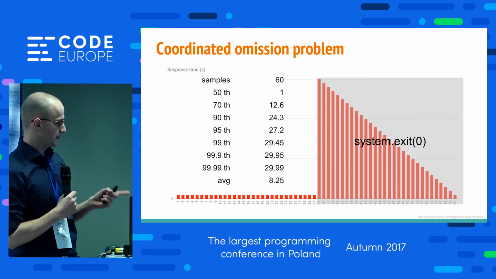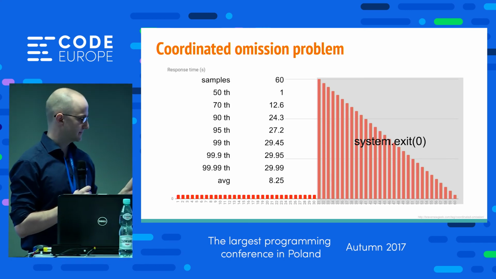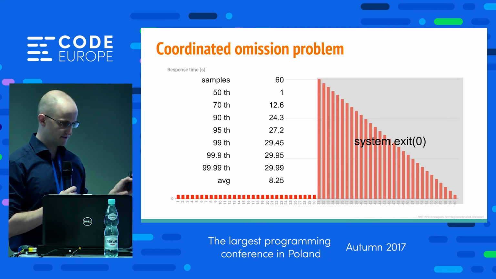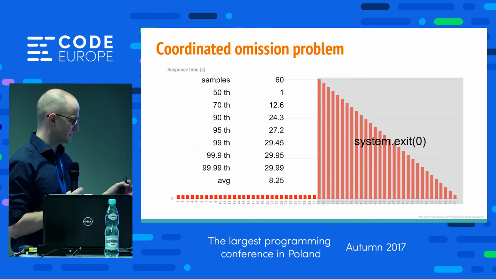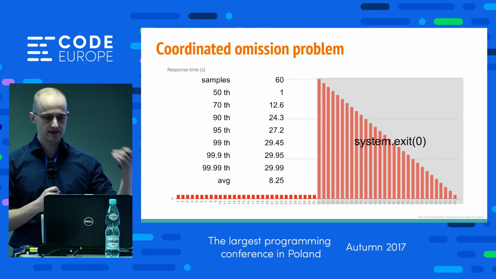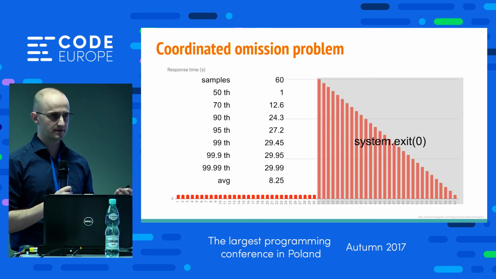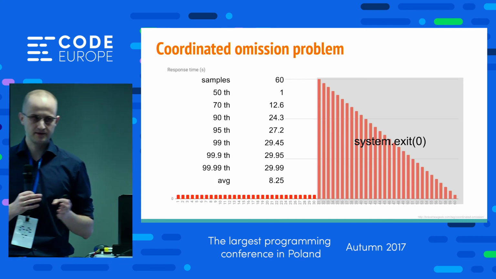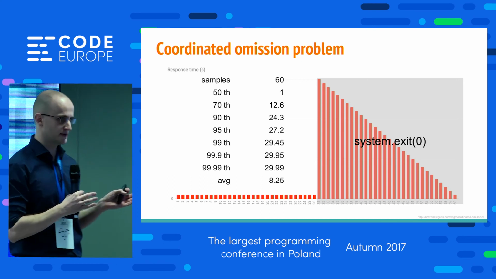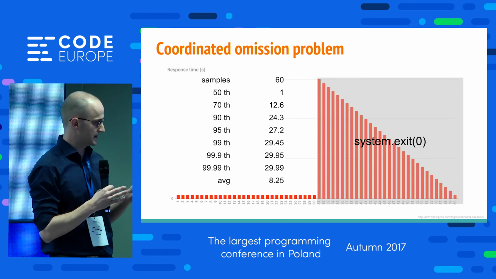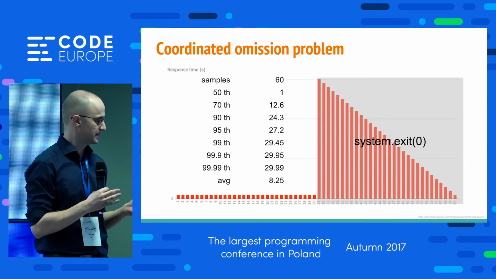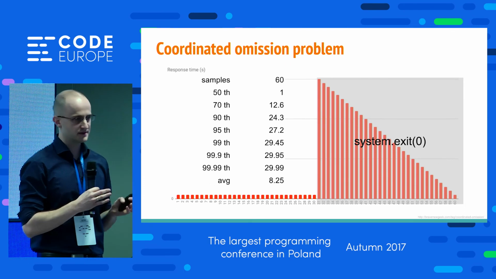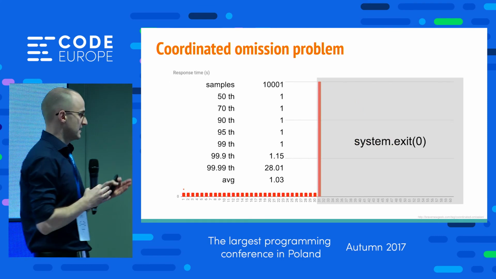In real life, we will not wait for a response to the 31st request. We will just start another request after 1 second, 32, 33, etc. And this way, we have half of the samples when the application was perfectly healthy and half of the samples when the application was dead. And now the numbers are completely different.